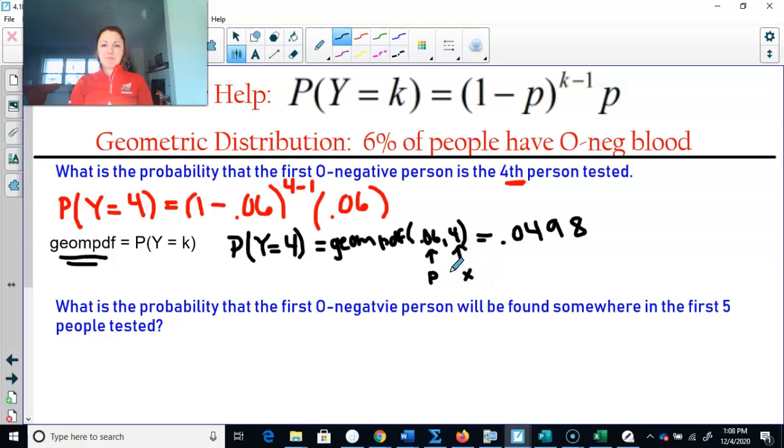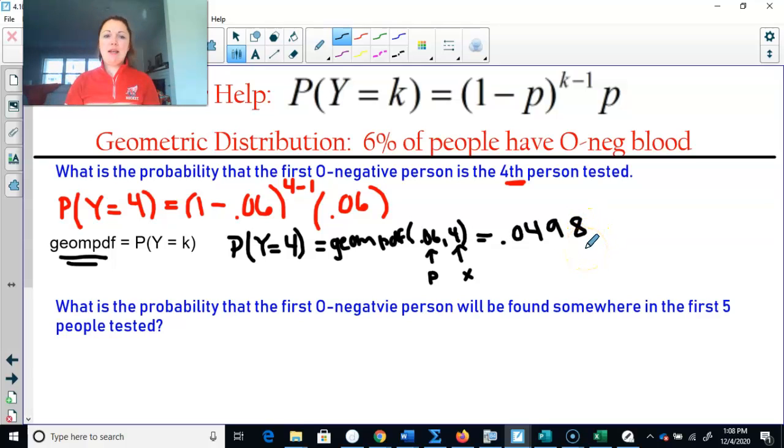Textbooks vary. What will I require on a test? I want to see this probability statement right here. If you're going to use geom PDF, I do need to see this geometric PDF. I need to see the P and the X or the P and the K, okay? And then obviously the correct answer there with 4 decimal places.